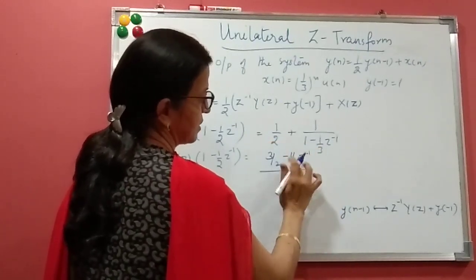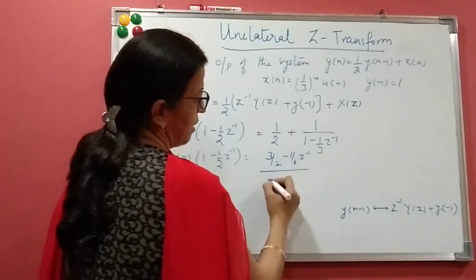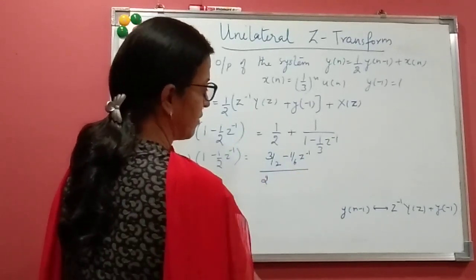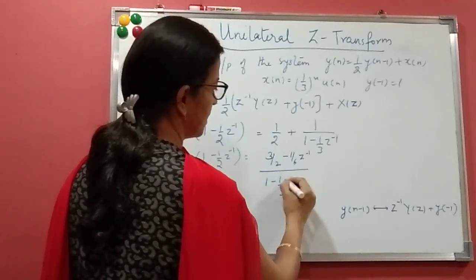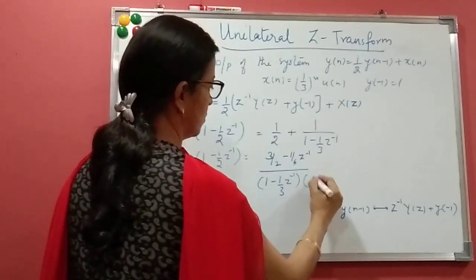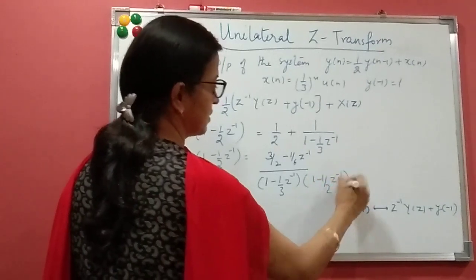Minus 1 by 6 is 1 by 6. Upon 2, I have taken it up, so 1 by 2 I have taken up. The denominator is 1 minus 1 by 3 z inverse times 1 minus half z inverse.